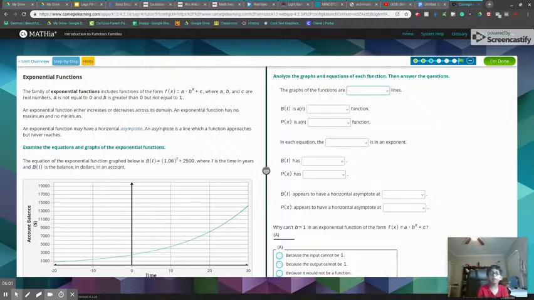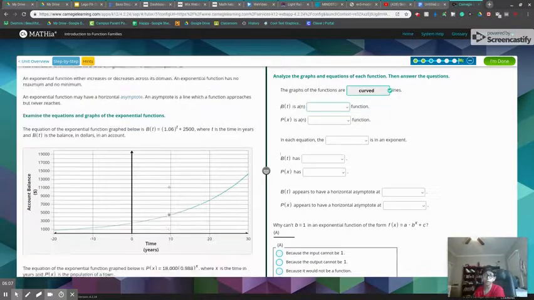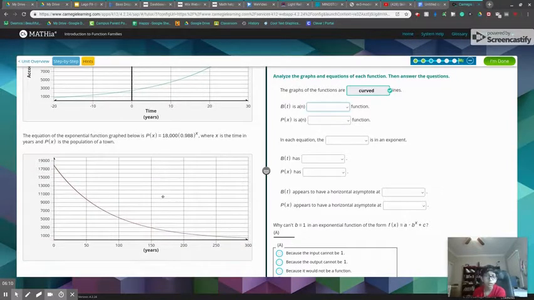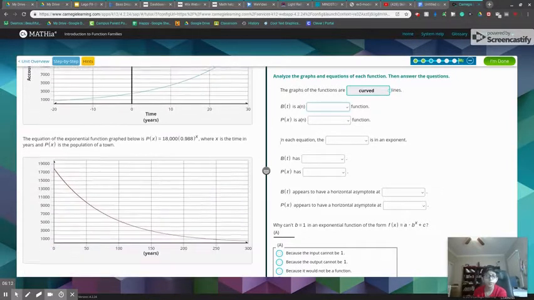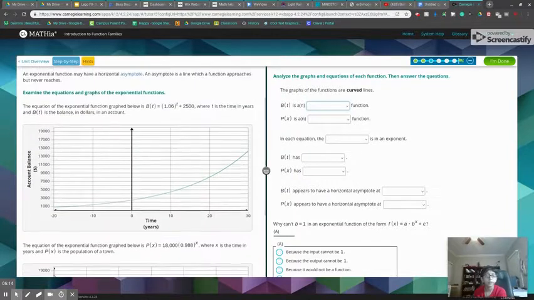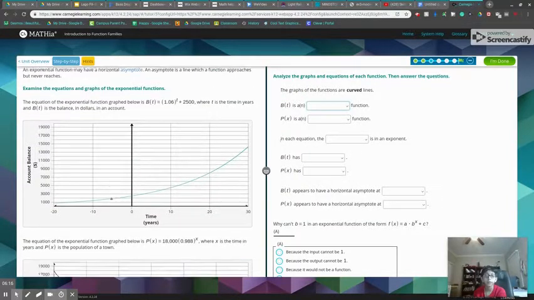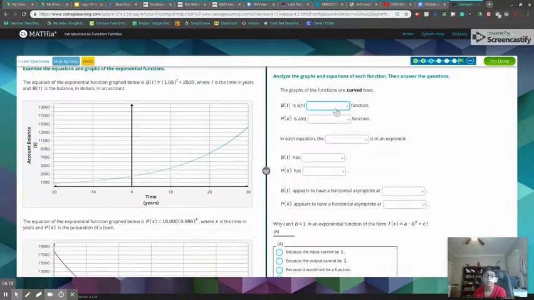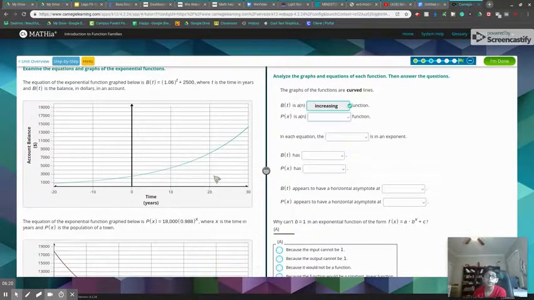Okay, the graphs of the functions are curved lines. I think they're talking about these two. So b of t, wait, which one's b of t? b of t, I'm guessing, is this one. So b of t is an increasing function, and that's decreasing.